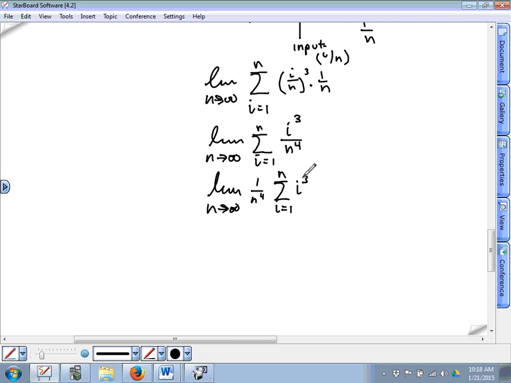So now we replace the summation with its formula. So it's the limit as n approaches infinity of 1 over n to the 4th. Now we replace that summation with, what was it, n squared times n plus 1 squared over 4.